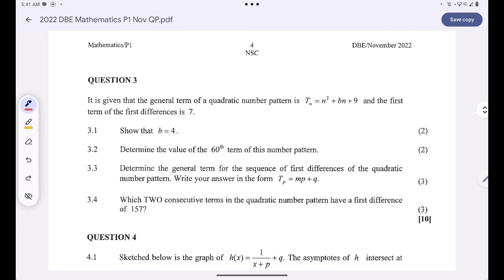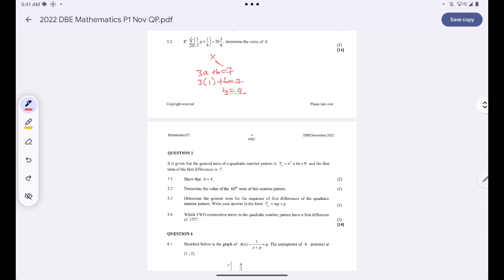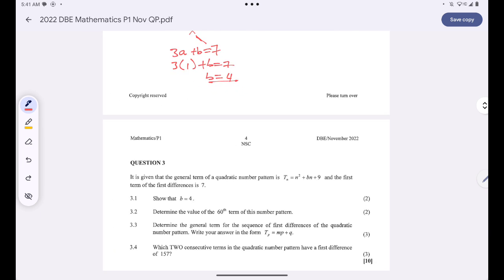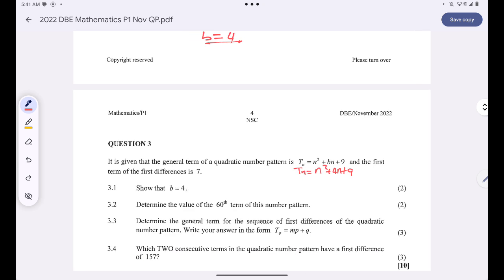Okay, now determine the value of the 60th term of this number pattern. Already I know the value of a, b, and c. That means I know the full equation or the general term. I have n squared plus 4n plus 9. Determine the value of the 60th term.